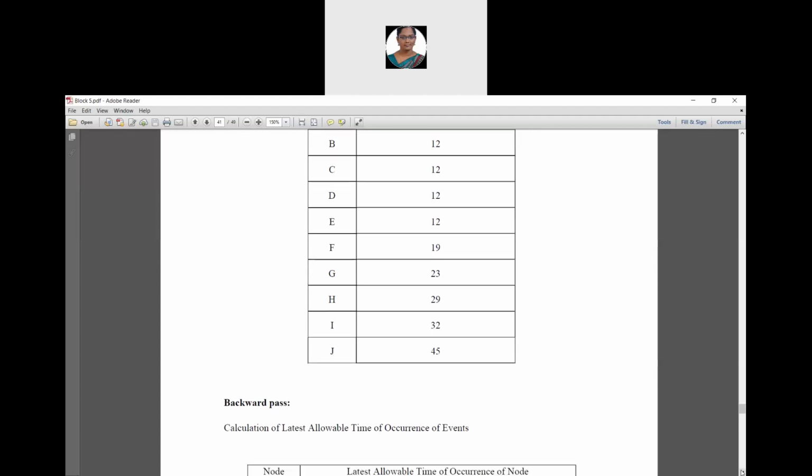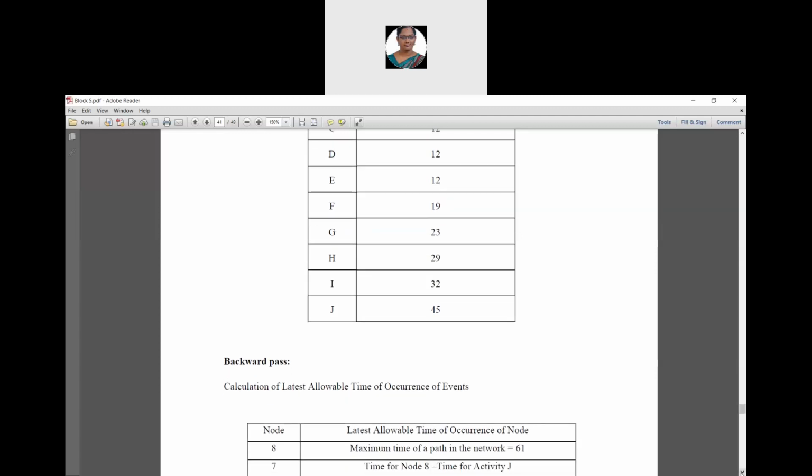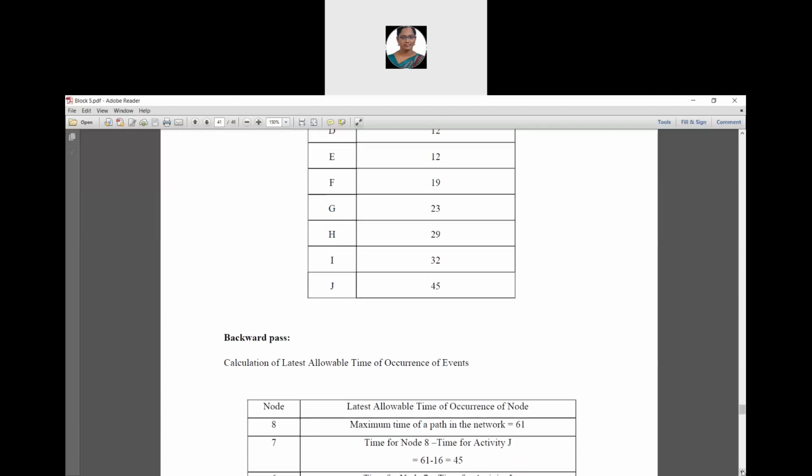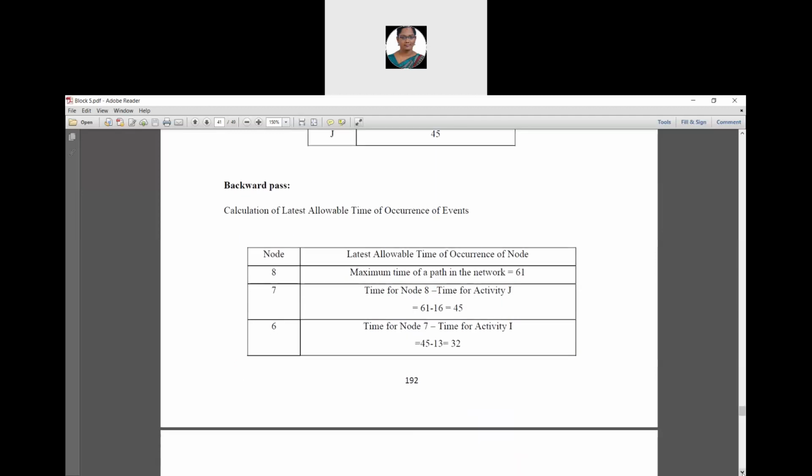For activity G, the earliest start value is 23. And for activity H, the earliest start value is 29. For activity I and J, earliest start values are 32 and 45.